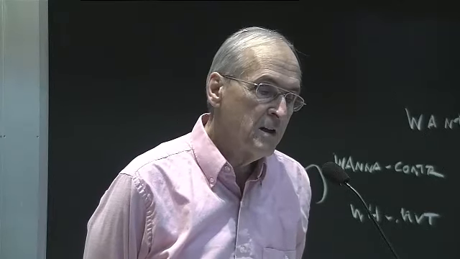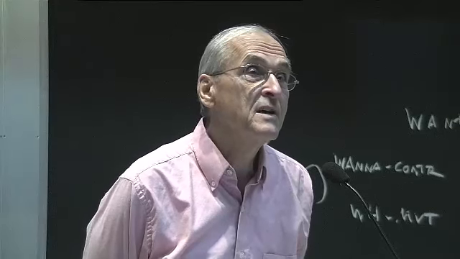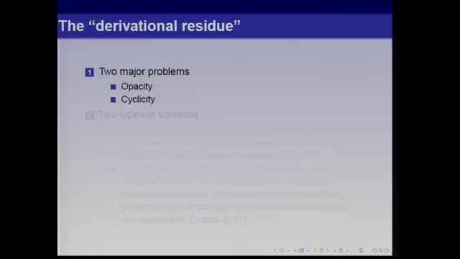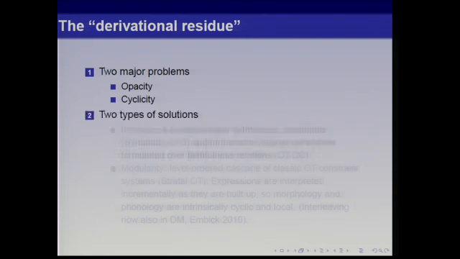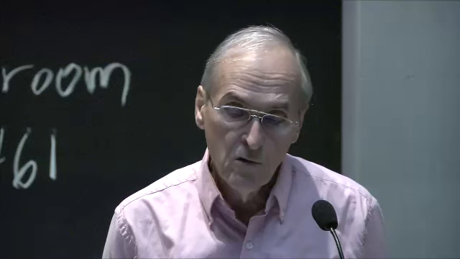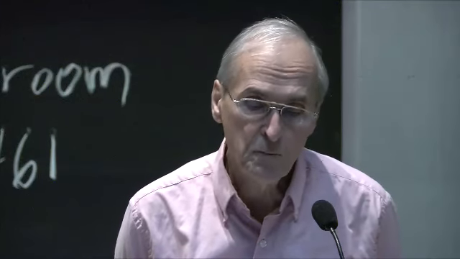And as we know, there's a derivational residue that people have been breaking their heads over, two major problems mentioned yesterday, the first one mentioned by Bruce Hayes, opacity, and there's also cyclicity, which doesn't yield to a parallel account. Two types of solutions continue to be debated.